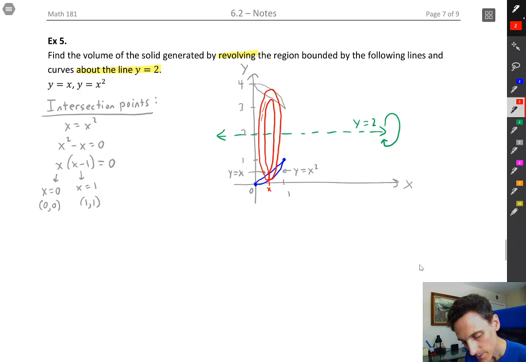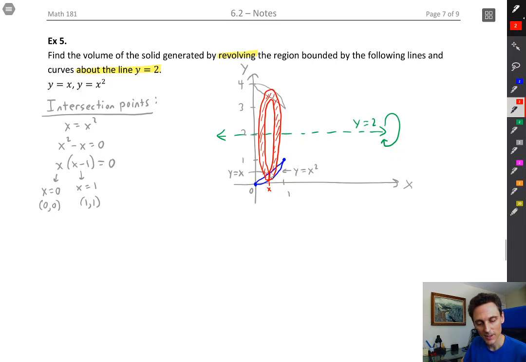So the cross-sectional pieces are going to look like these washers, with a big gigantic gap in the middle. There's going to be a washer for every single cross section perpendicular to the axis of rotation. Smaller and thinner washers as you look to the right, and wider, more open, also thin washers as you go to the left.